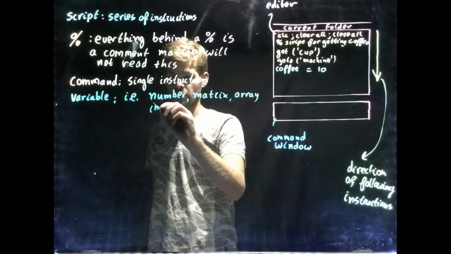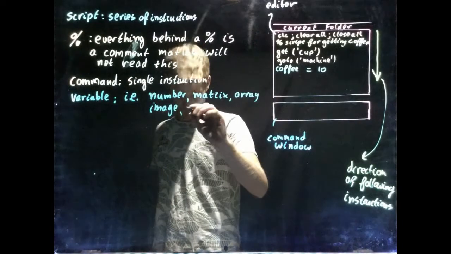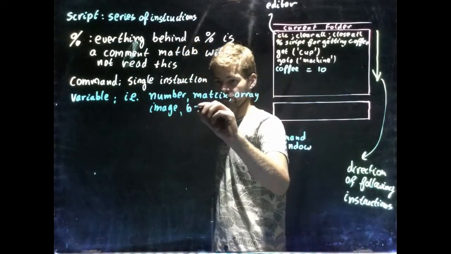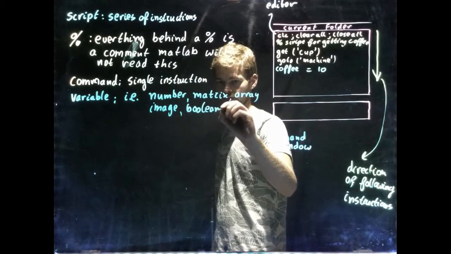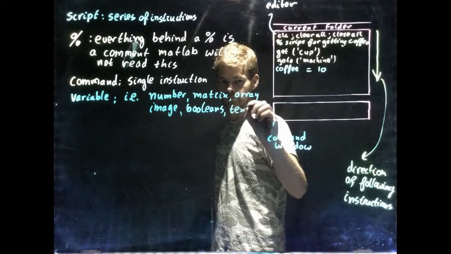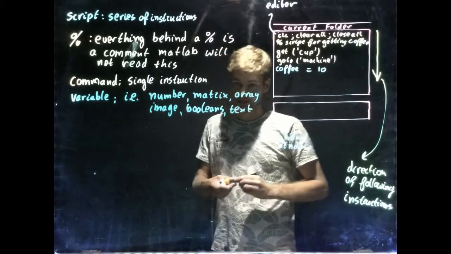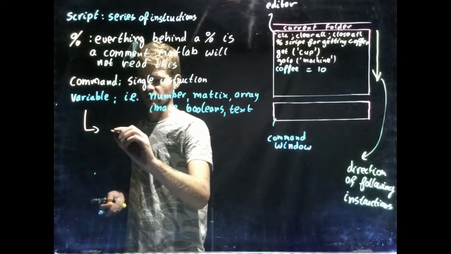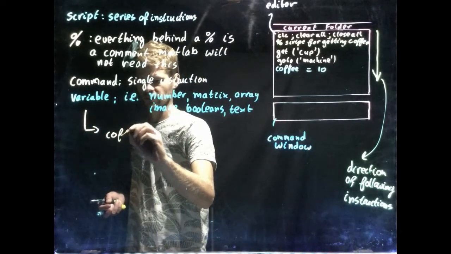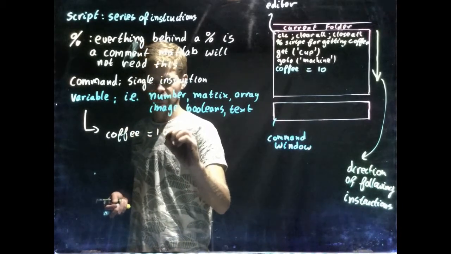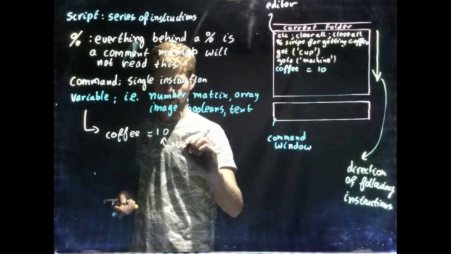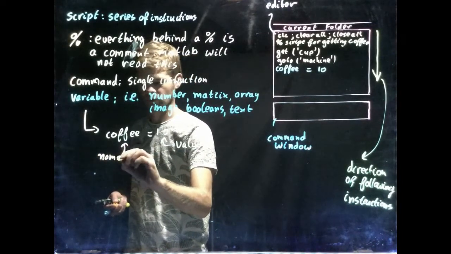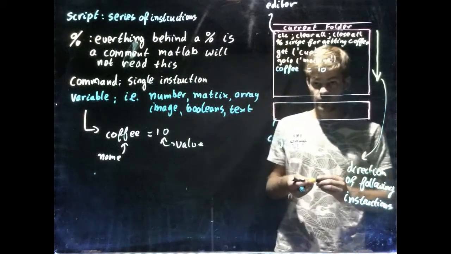It can be an image in MATLAB; MATLAB can read images very well. It can be booleans, so true or false. And it can even be text, so a text array. And a variable always consists of a value, in this case coffee is 10, and it has a name. So that's a variable.